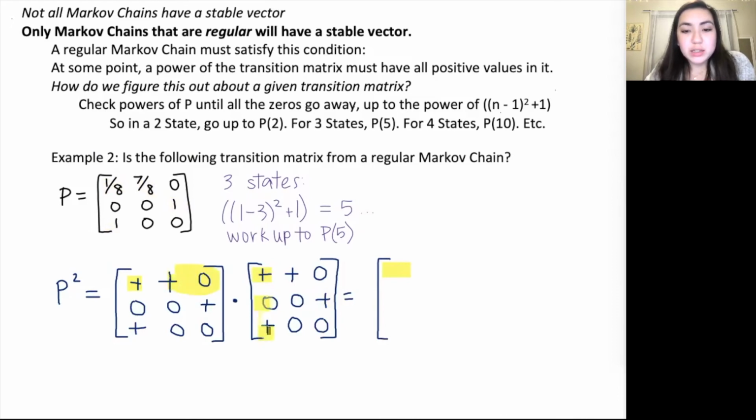These two are going to cancel out and be zeros, but this first positive times positive is going to give us a positive value. So I'm going to write a positive here. I'm going to move 1 over. This is going to be this row and this column. It's going to be a positive times a positive. That means we have a positive number already, and even if we add zeros to it, it's going to stay positive.